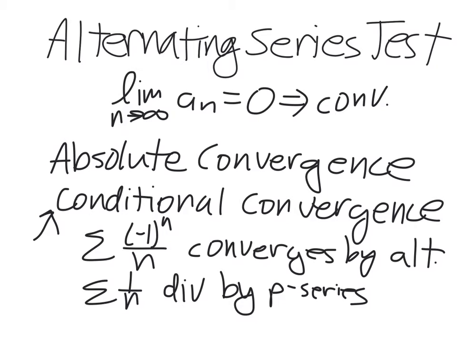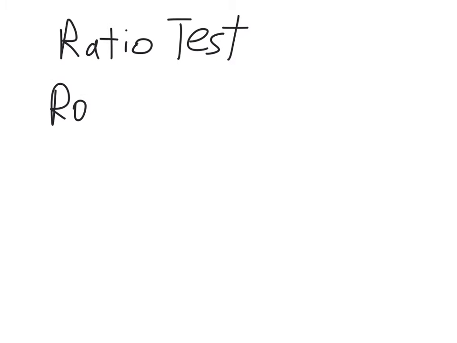And then we finished out the sections with probably two of the easier ones, the ratio test and the root test. And really the results of both of these give us the same thing. Do the appropriate operation, either a sub n plus 1 over a sub n for the ratio test, or take the nth root of a sub n and simplify the limits.